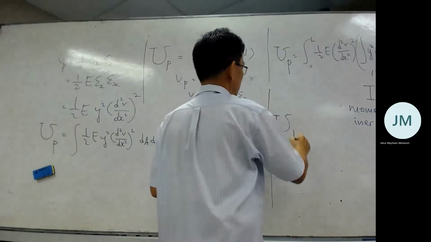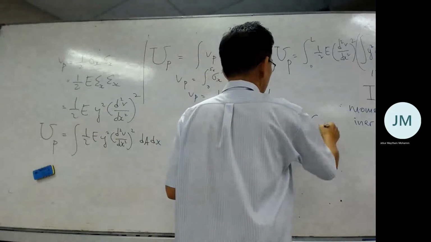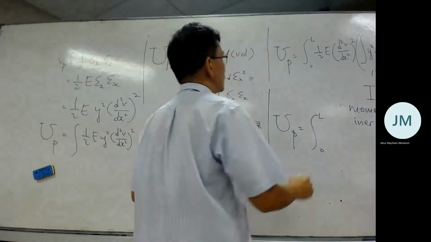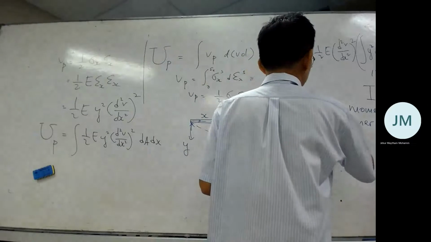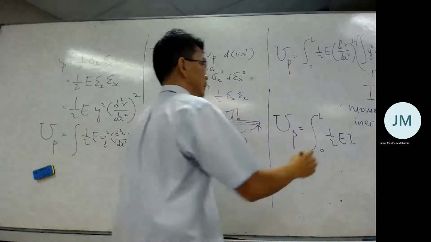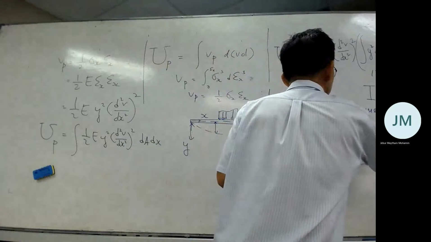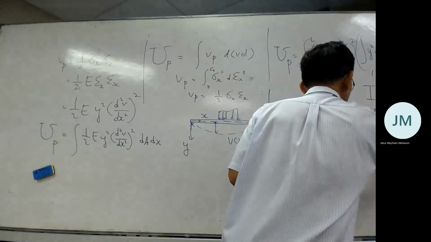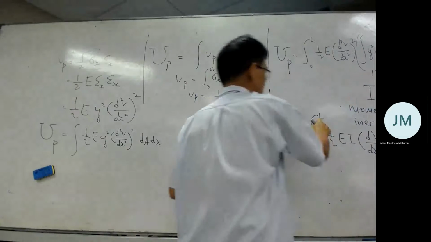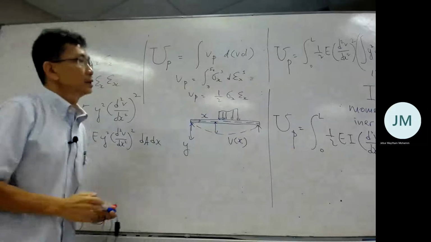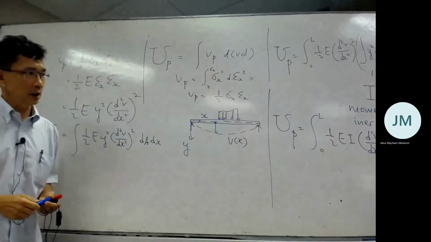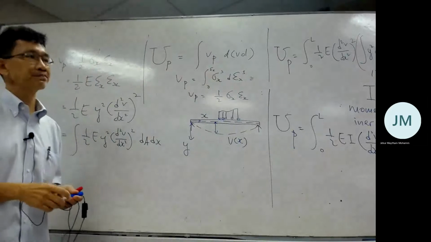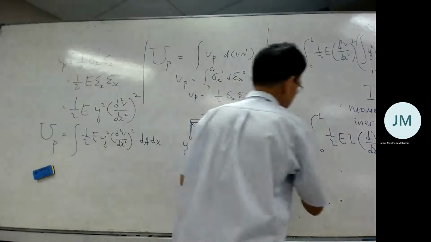So finally, we substitute that, and you get the integral from 0 to L of half EI, differentiate V twice, square, then integrate from 0 to L, the length of the beam. That gives you the strain energy for bending of a beam.